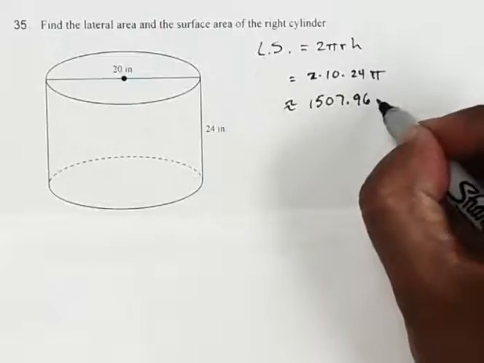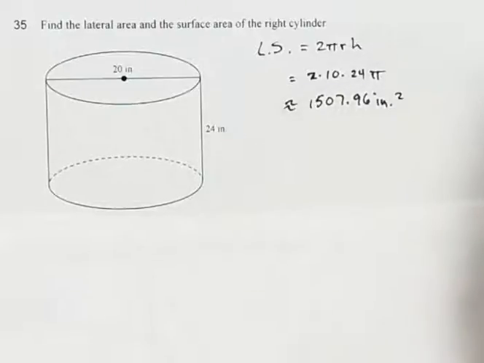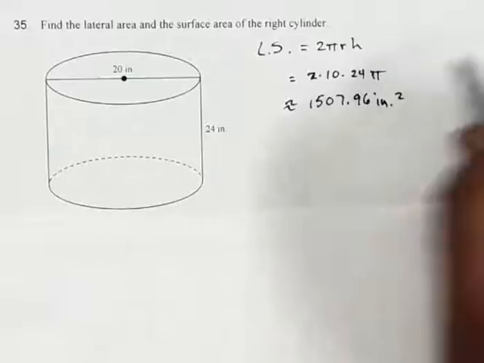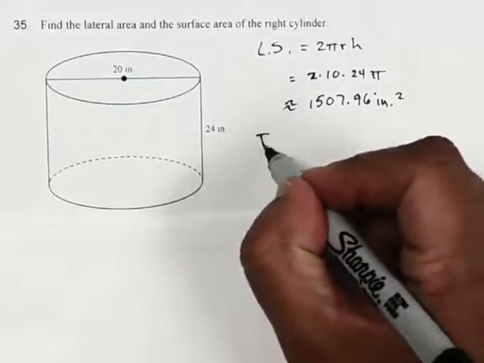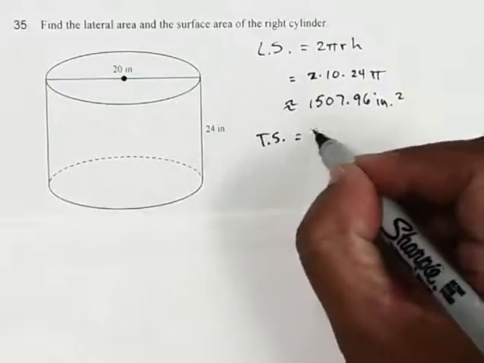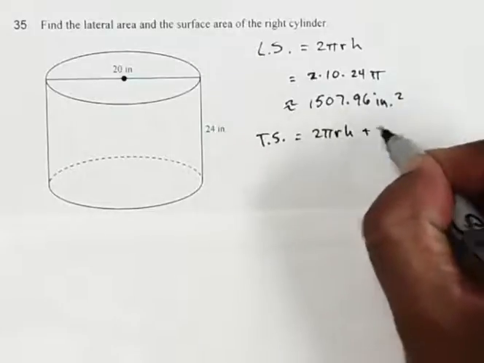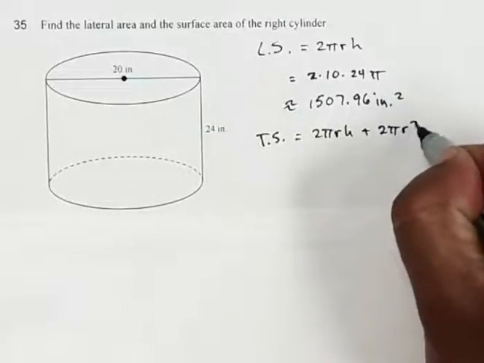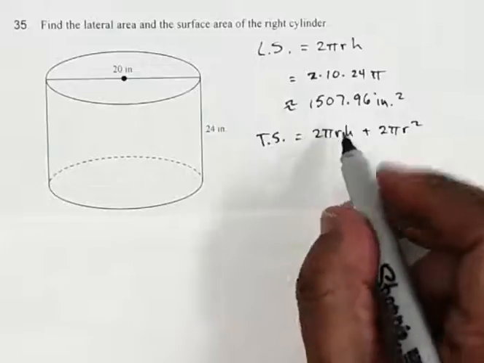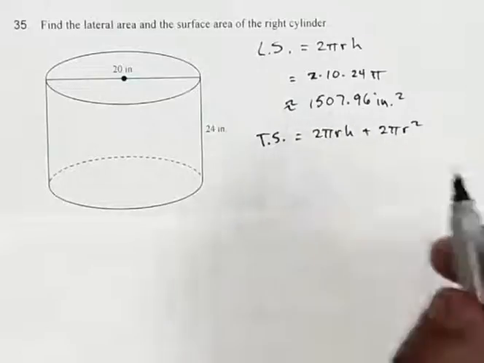1507.96 inches squared. If I multiply that out, for my total surface area, that's the 2 pi rh plus 2 pi r squared. We already got the 2 pi rh as the 1507.96.